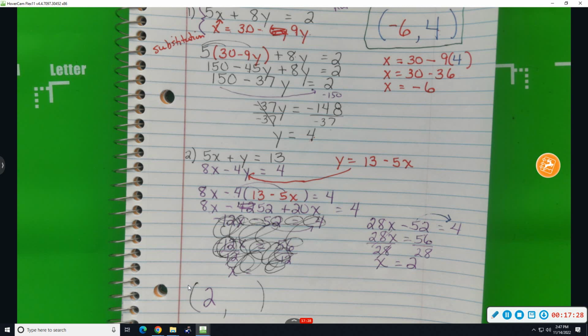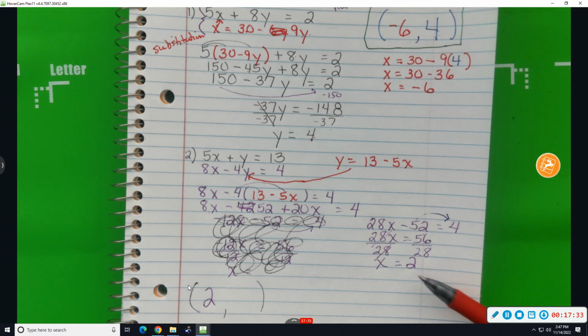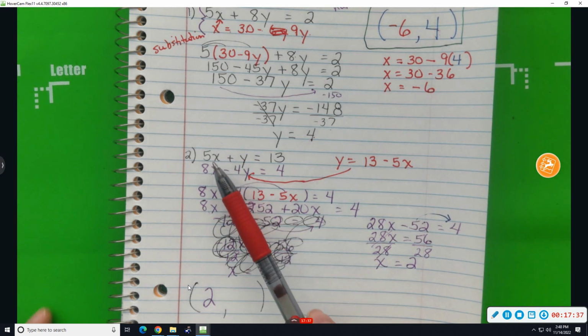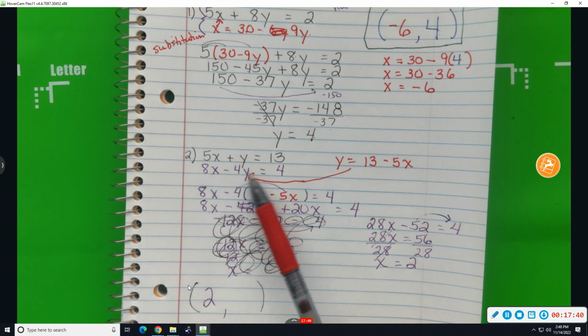What about the y value? What am I going to do with this 2 to get the y value? Yeah, plug it in. Theoretically, you can plug it into any equation that has x and y.